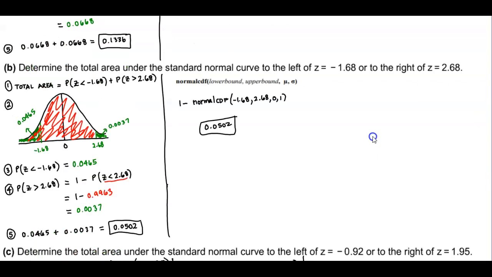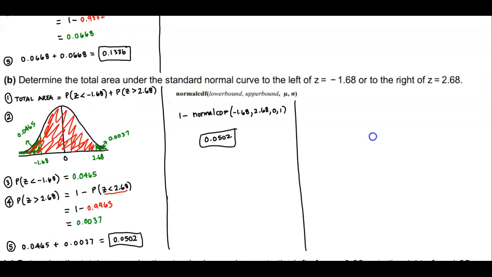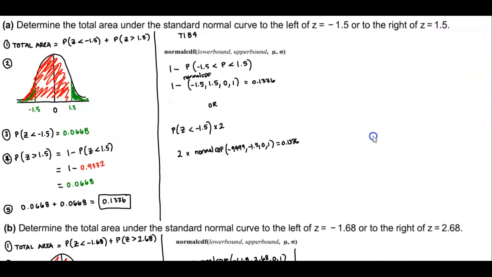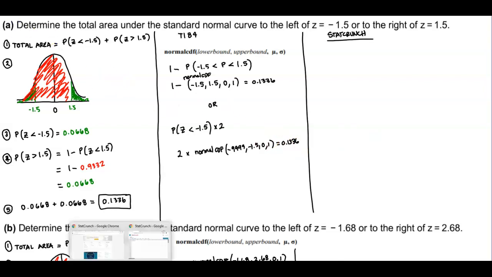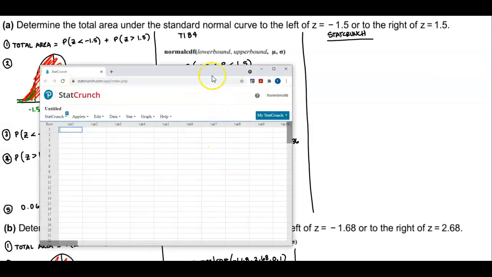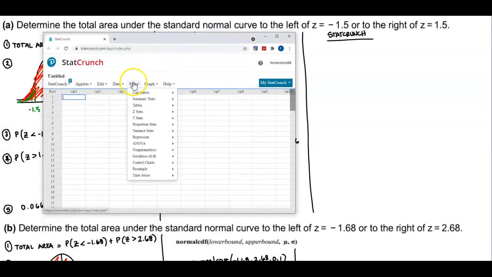Okay, now we're going to use Statcrunch. So when using Statcrunch, we're going to go to Stat, select Calculators, and scroll all the way down to Normal.